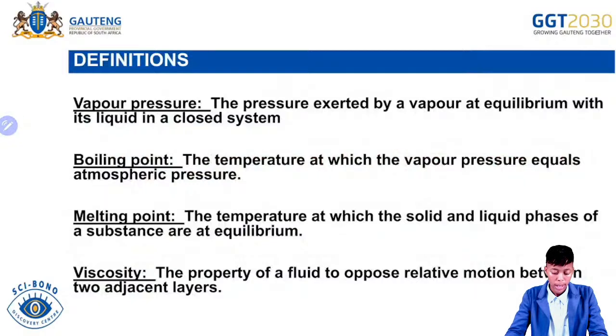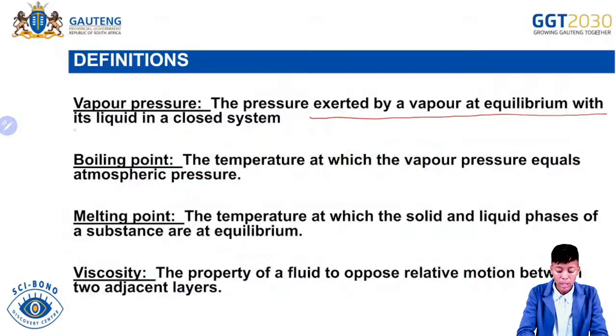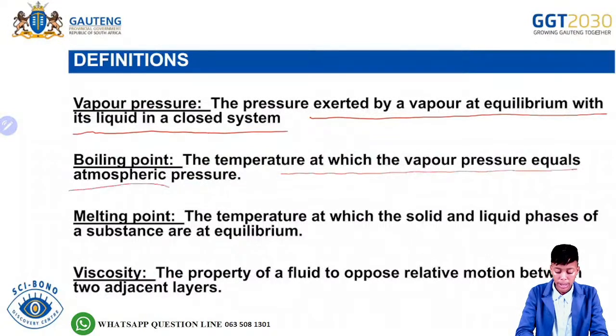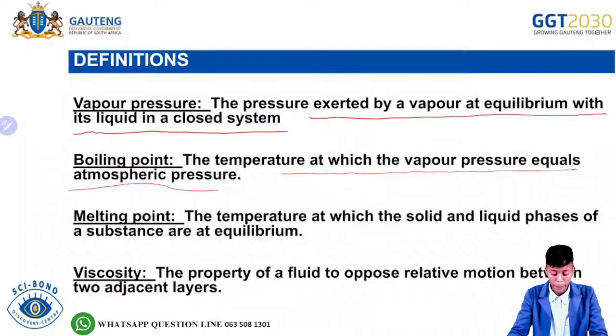Okay, then for the definitions, we need to know the definition of vapor pressure. It says the pressure exerted by a vapor at equilibrium with its liquid in a closed system. Then boiling point: the temperature at which the vapor pressure equals the atmospheric pressure.